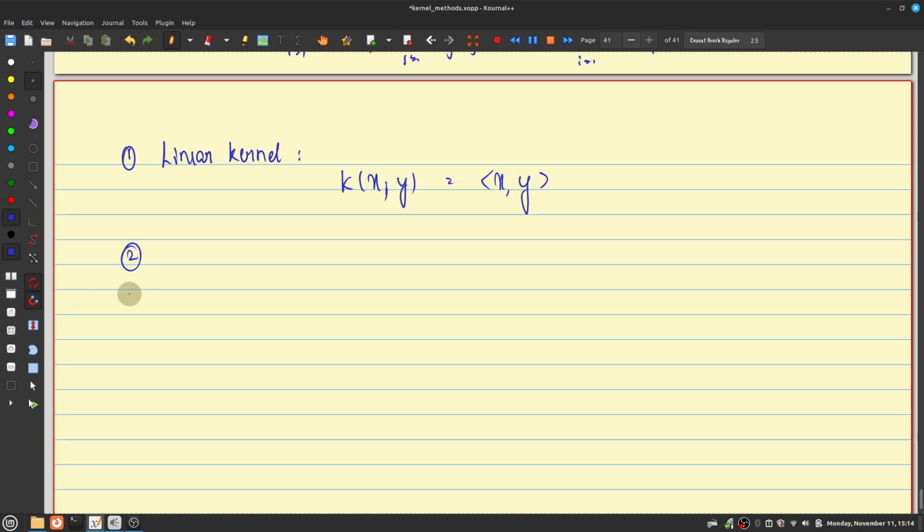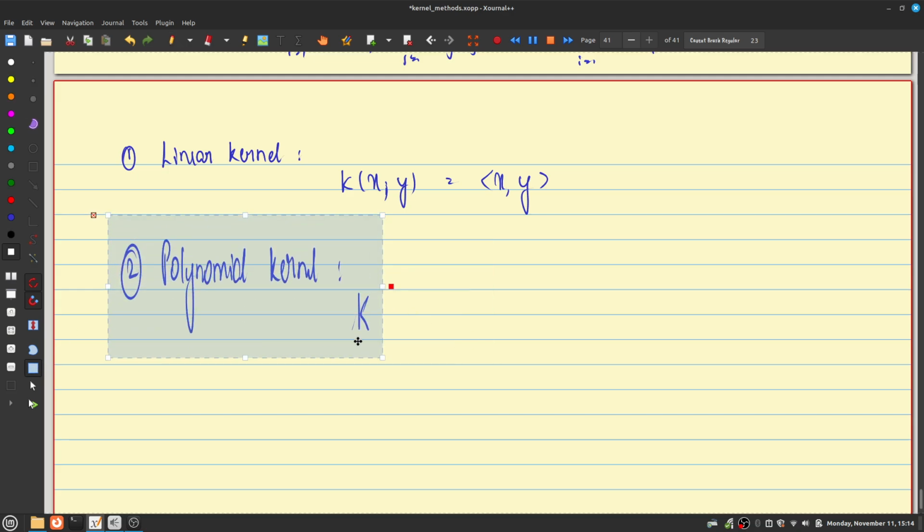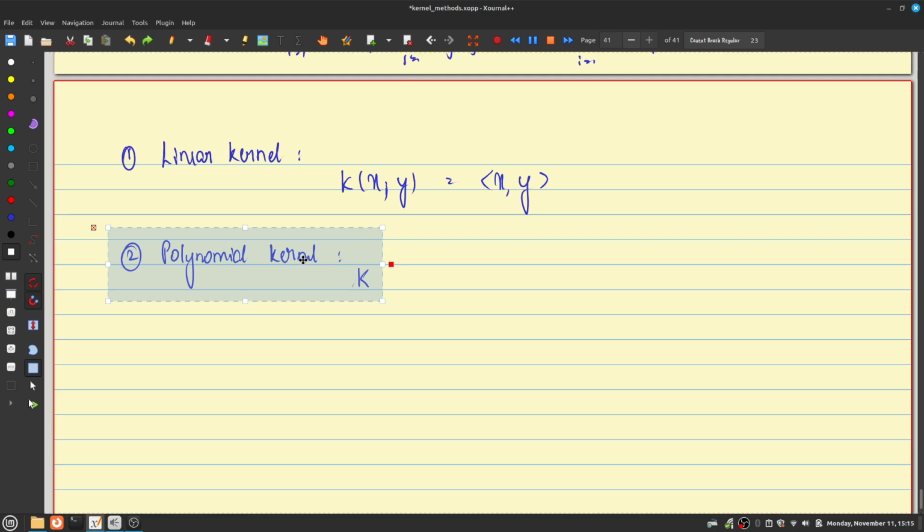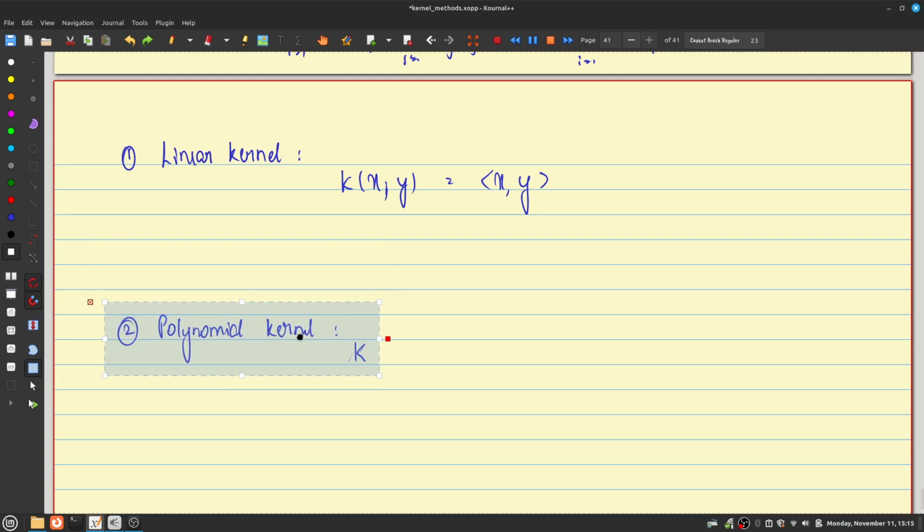The second is the so-called polynomial kernel. But even before that, let's go back to the linear kernel.